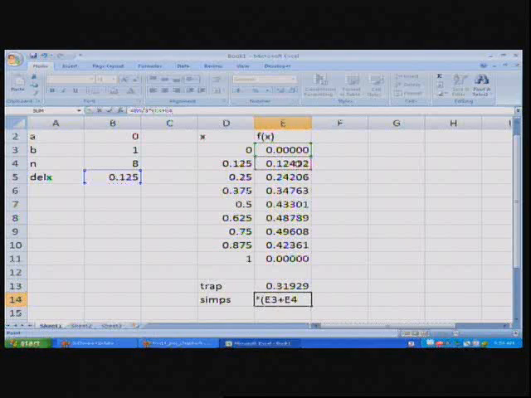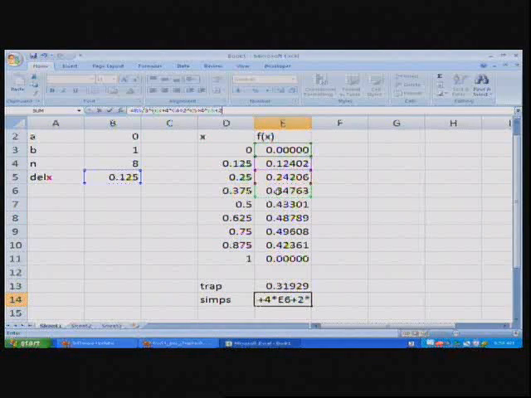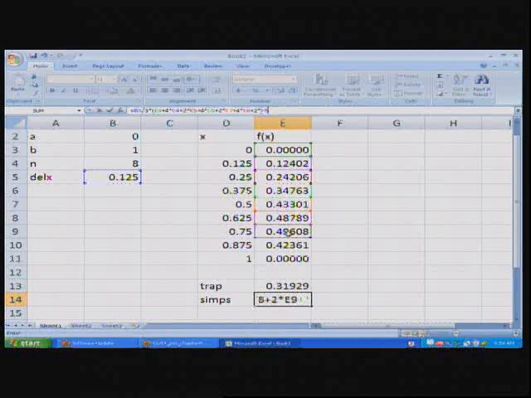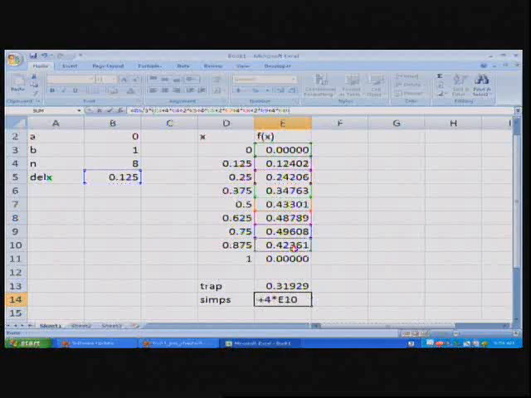So you do 4 times this one plus 2 times this one plus 4 times this one plus 2 times this one plus 4 times this one plus 2 times this one plus 4 times this one plus the last one.